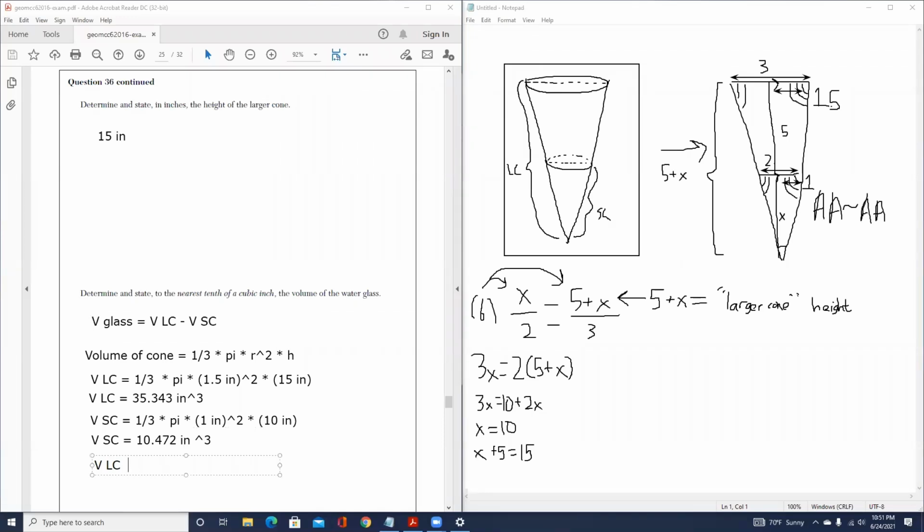The volume of the larger cone minus the volume of the small cone equals 35.343 inches cubed minus 10.472 inches cubed.